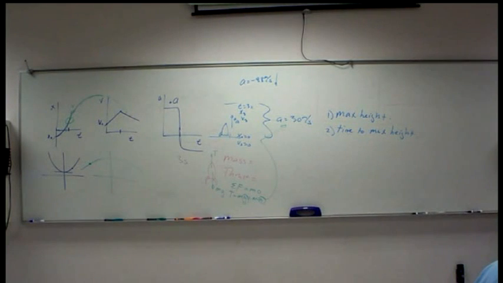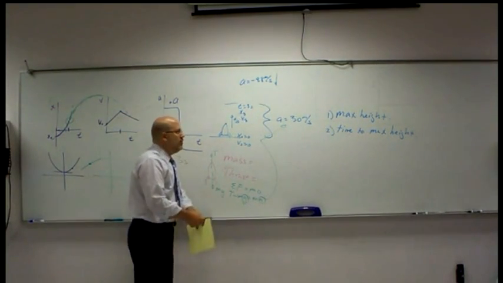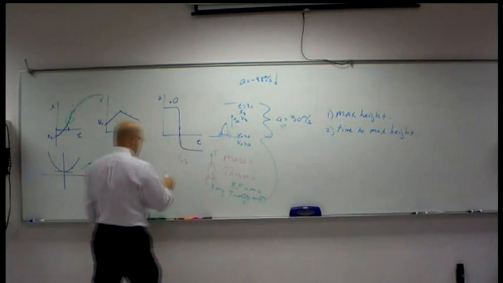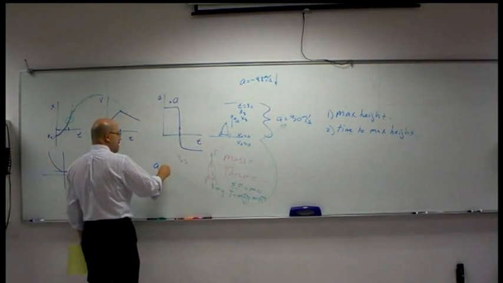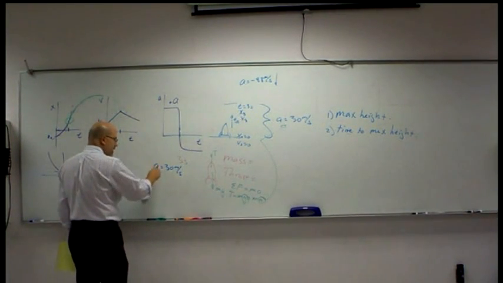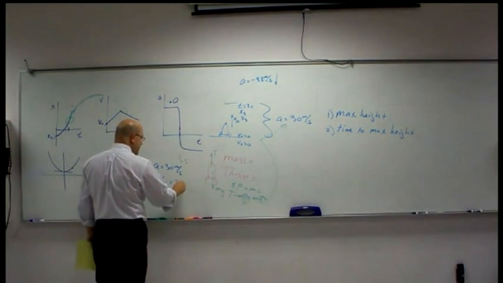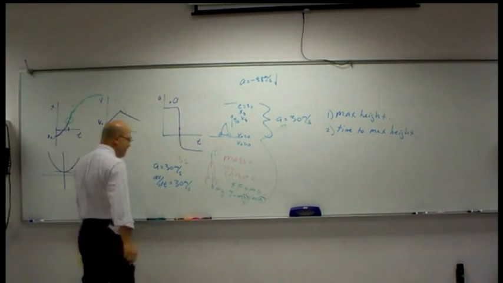To the max height, and what is the max height? Now, some of you can solve it graphically if you want, and work backwards if you would like. In fact, some of you, if you really want to put that calculus to use, will do this. The acceleration equals 30 meters per second squared, but acceleration is dv/dt, right?